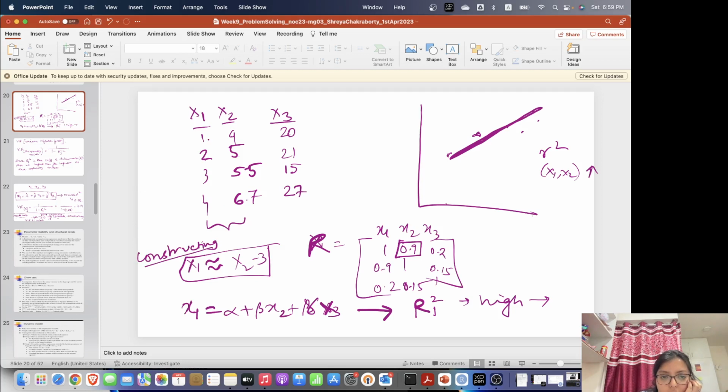If this is increasing, this is also increasing. If I do x1 equal to x2 plus 3, then there will be exact multicollinearity. If you remember the model matrix, the intercept column will have all 1s, and then this one will also have these. If the x1 and x2 columns are exactly linearly dependent, then we will not be able to get a unique inverse. We wanted this one, right?